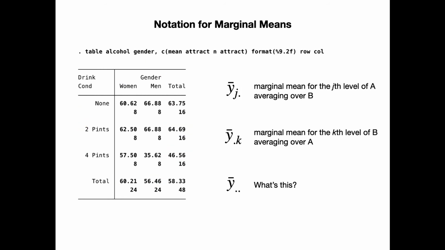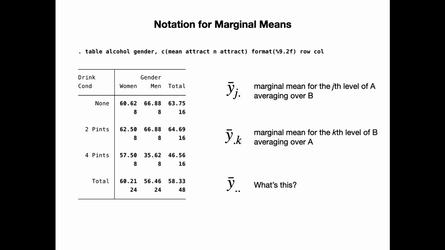Okay, some notation things for marginal means. So what we've got here is these 3 bits. Remember, J refers to the levels of A, and K refers to the levels of B. So if I write Y bar, this is the mean, and then you see J with a dot after it.